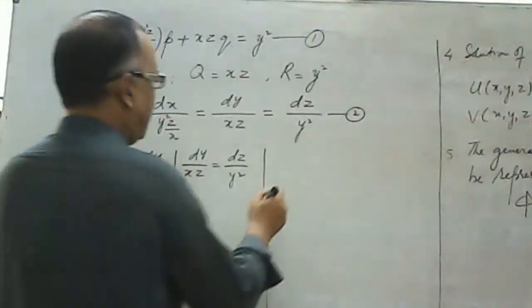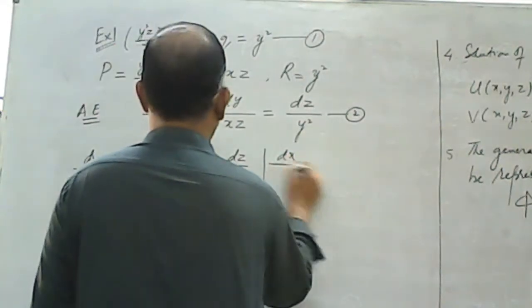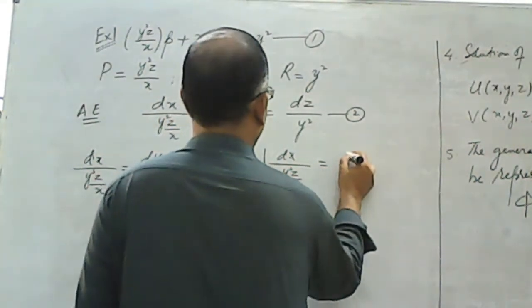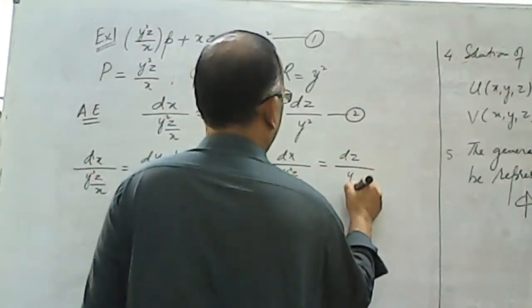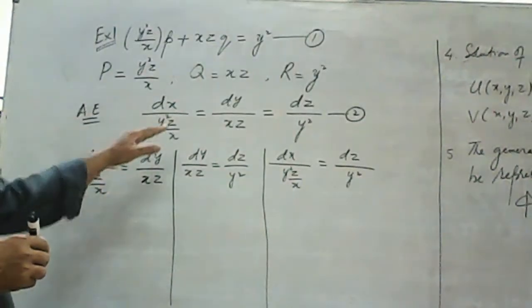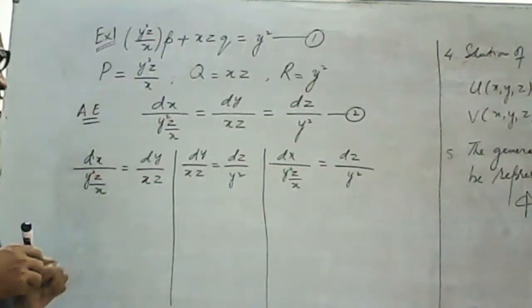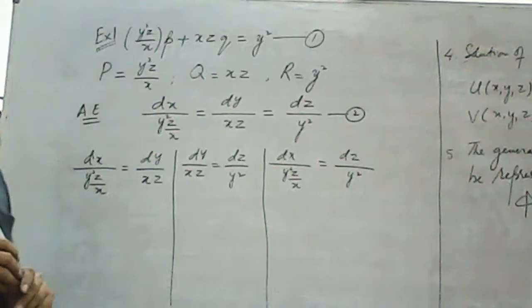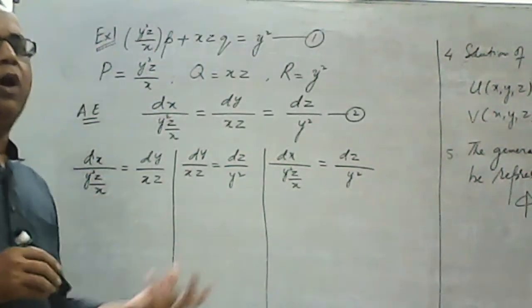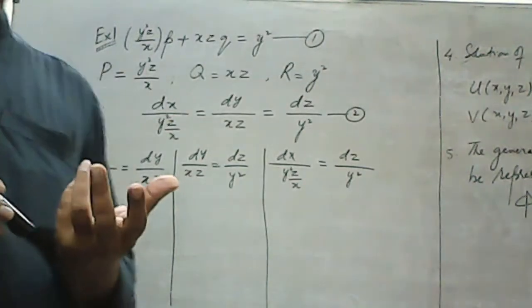And then we have the pair number 3, that is dx over y square z upon x is equal to dz upon y square. So equation number 2 will be transformed into 3 pairs, and what is required is to solve any two pairs.